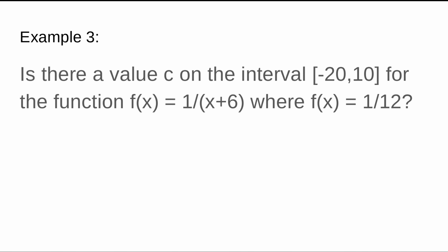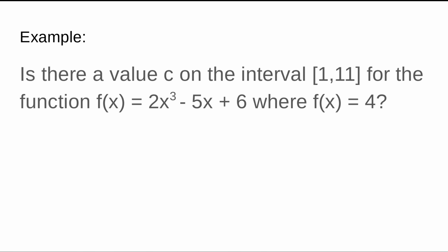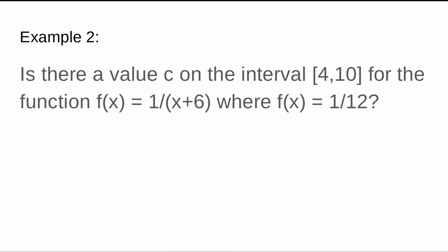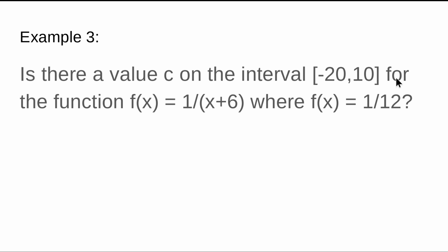We went through 3 examples and showed that for the first 2 it does work, because our function is continuous along the interval, and for each of these there is a value that exists. And finally, for this one, you cannot prove it because -20 to 10, our interval, crosses the point where this function is discontinuous, x equals -6.